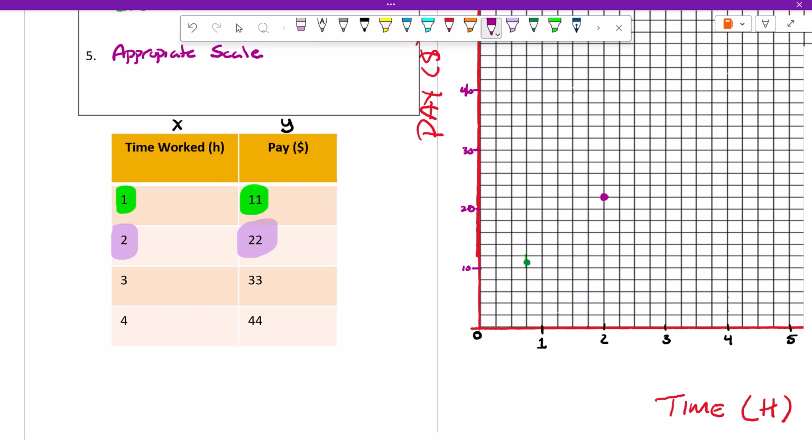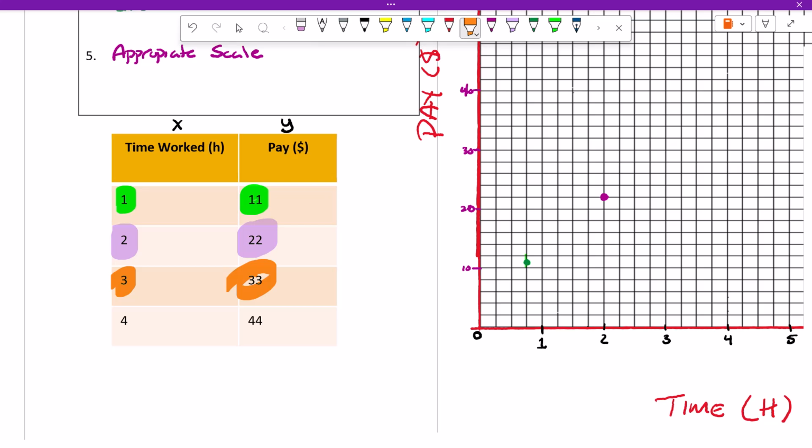All right? Then we have 3 and 33. So we'll go from 3 up to 30. And how much more do we go past 30? 1.5. So remember, it goes 30, then it goes 32. That one would be 34. That's too much.